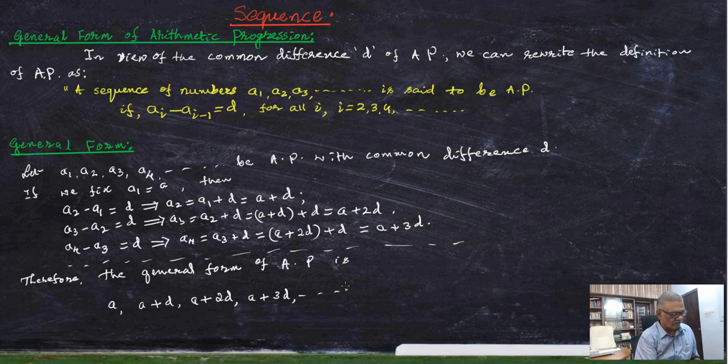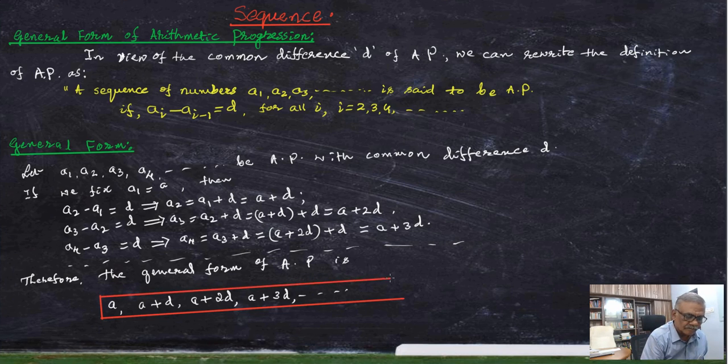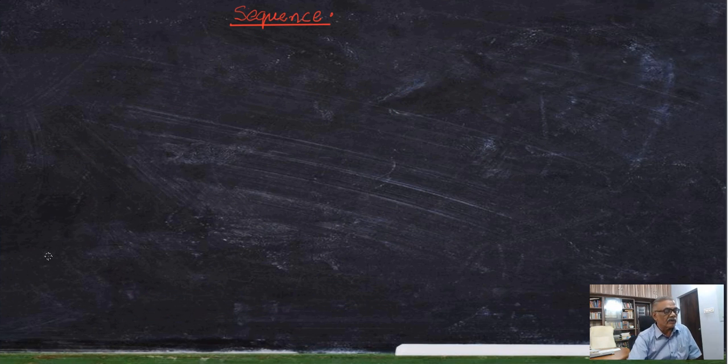This is the general form of a sequence. Next we are going to consider the nth term of the arithmetic progression.